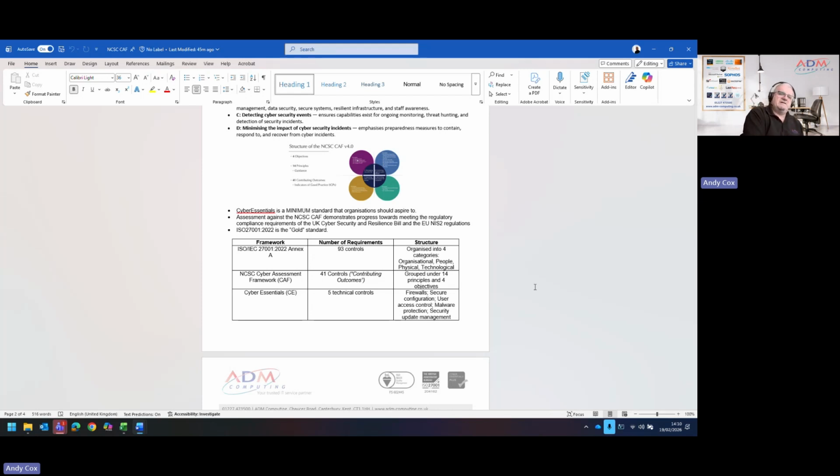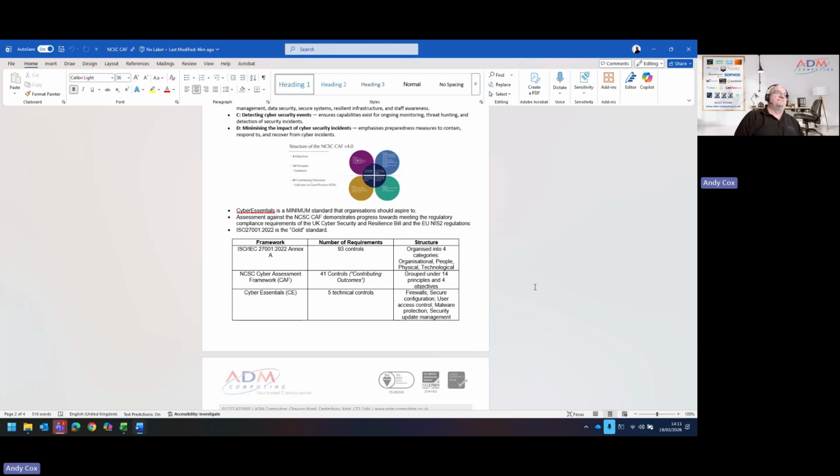So what is becoming increasingly prevalent as time goes by is that proving your cybersecurity standing is increasingly becoming a contractual requirement for organizations. If you are supplying a service or supplying goods or anything to a third party, increasingly that third party is making it a contractual requirement that you have certain cybersecurity mechanisms in place.